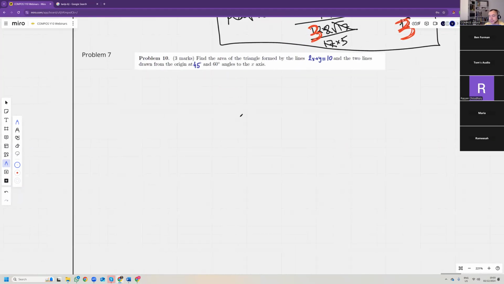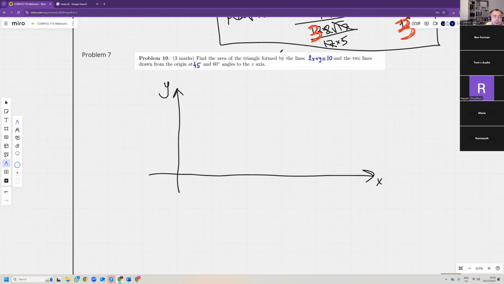Problem 7 is the same as problem 10. Find the area of the triangle formed by the line and two lines drawn from the origin at 45 and 60 degree angles to the x-axis. So you have a line drawn at 45 degrees. Okay, so that's easy. 45 degrees, that is y equals x. 60 degrees to the axis, that's this one.